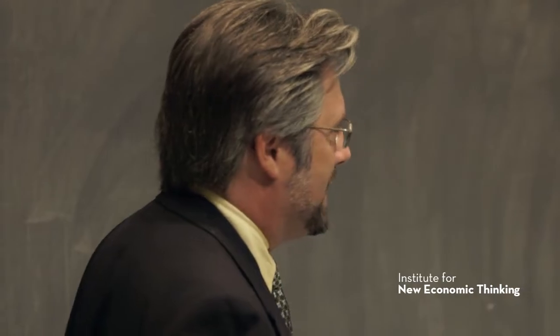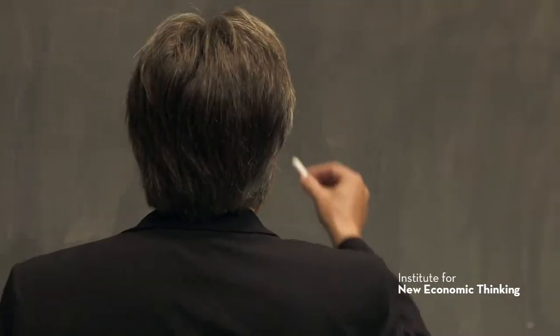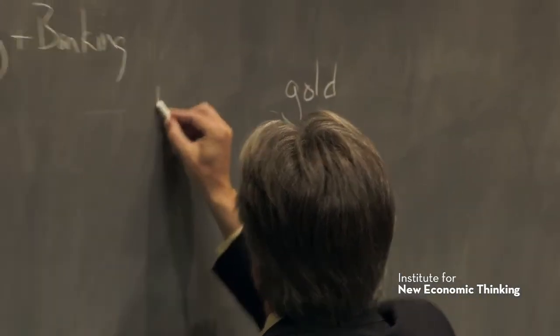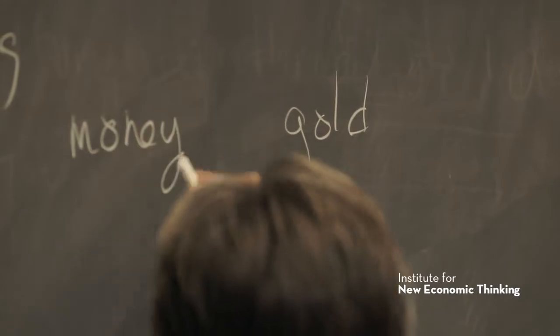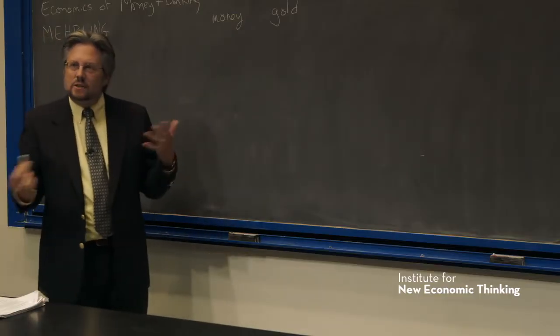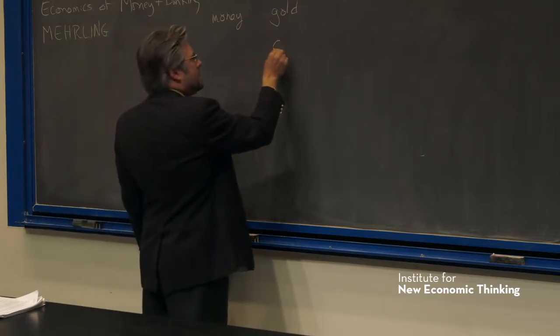This is going to help us think about the hierarchy at the moment, because it's pretty clear in the gold standard what is the ultimate money. So let's start with gold as the ultimate money. Okay? Underneath gold, less good than gold, are national currencies.